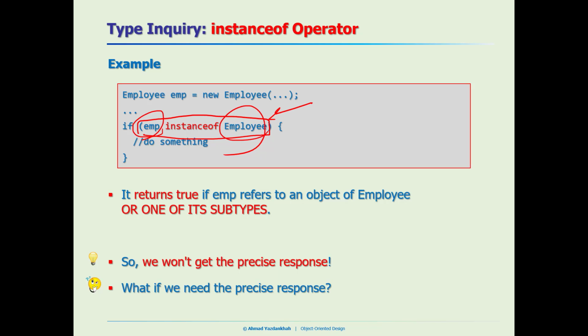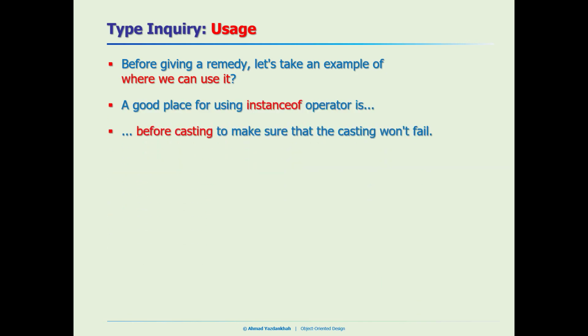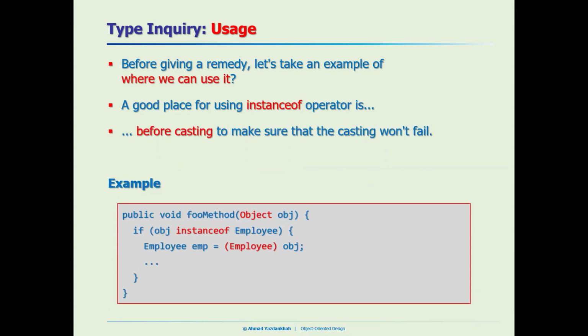You might say, okay, why should we ask this question at all? Why should we be interested to know the type of a variable? There are some situations. Let me at least mention one of them. For example, if you want to cast an object, let's assume that we use this object argument and we are passing some stuff here, and then we need to cast it before using this.